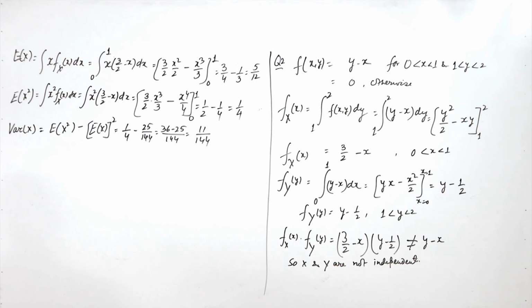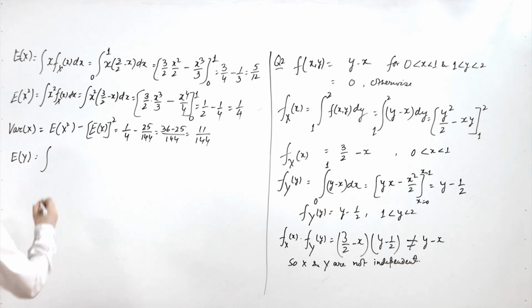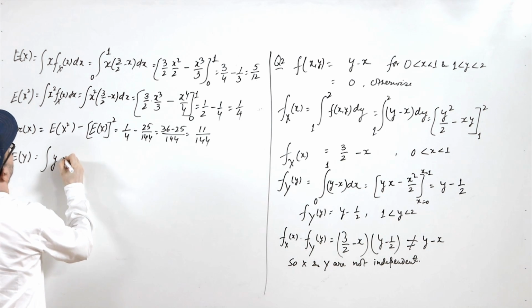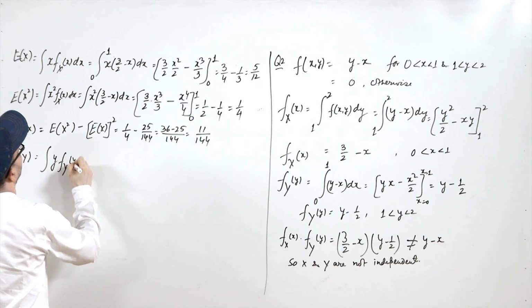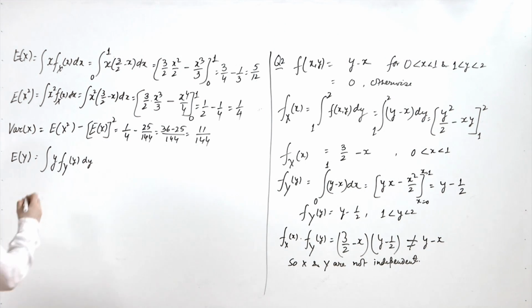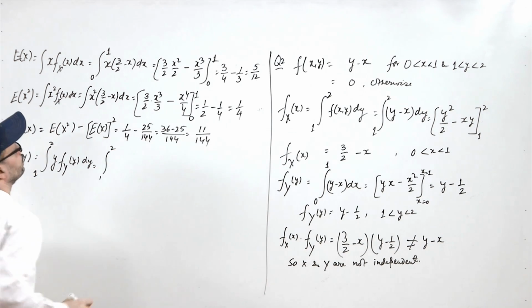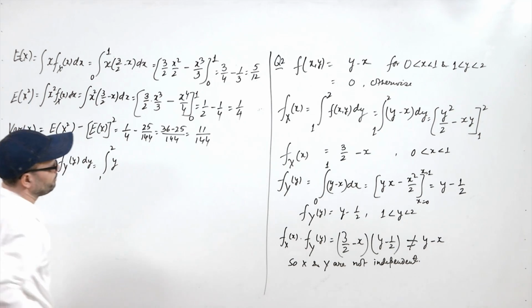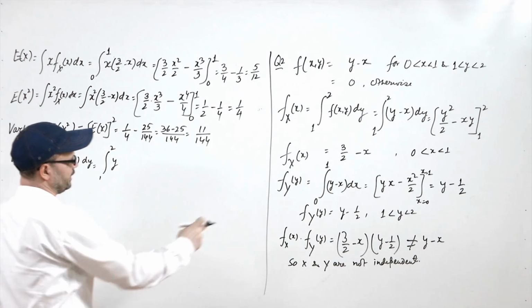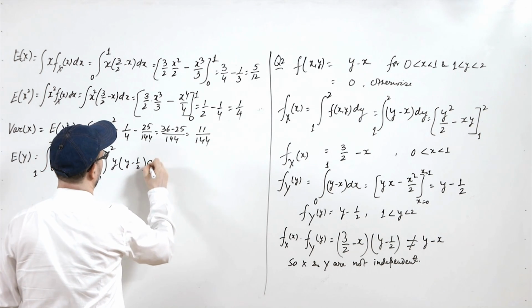Then we have to compute E[Y]. E[Y] will be the integral of y f_Y(y) dy, with y varying from 1 to 2. So, it will be the integral from 1 to 2 of y(y − 1/2) dy.